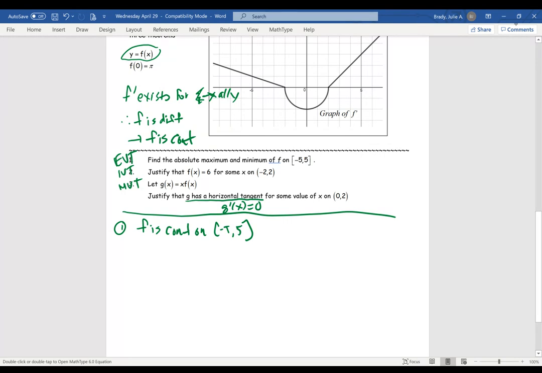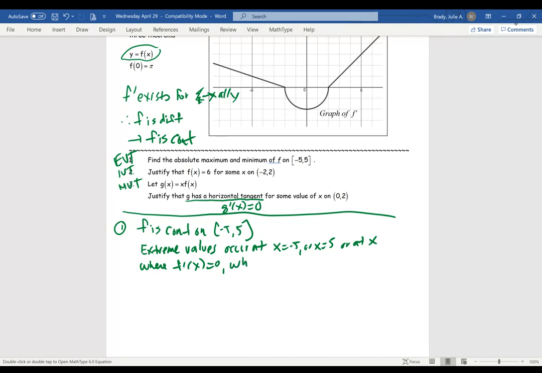Okay, so how are we going to find the x? The extreme values occur at x equals -5, or x equals 5, or at x where f prime of x equals 0, which is at x equals 2 and -2.